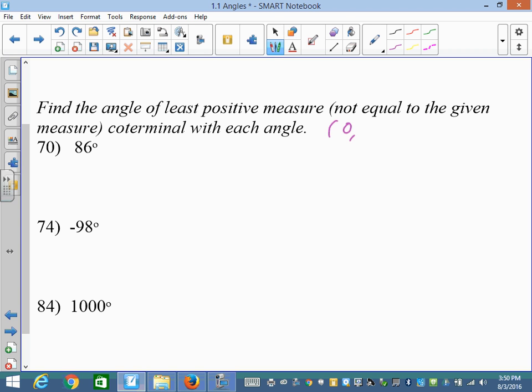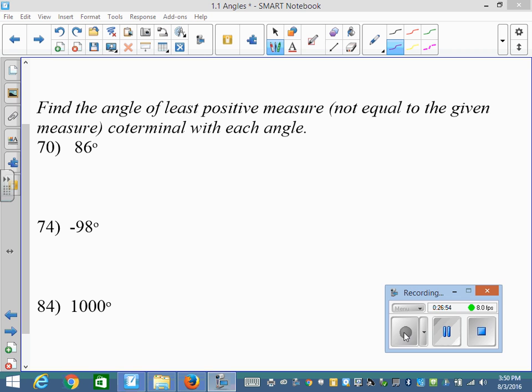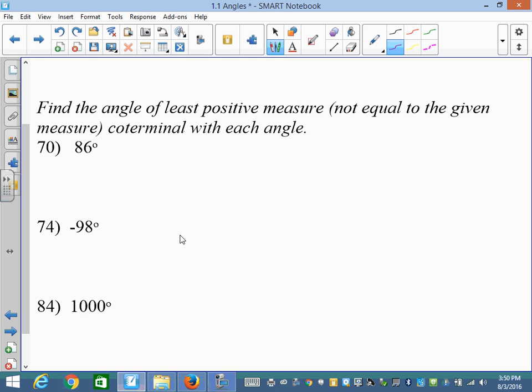One of those times where you need to read the directions a little bit closer: find the angle of least positive measure not equal to the given measure, coterminal with each angle.